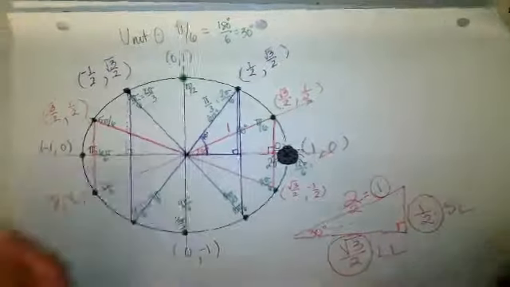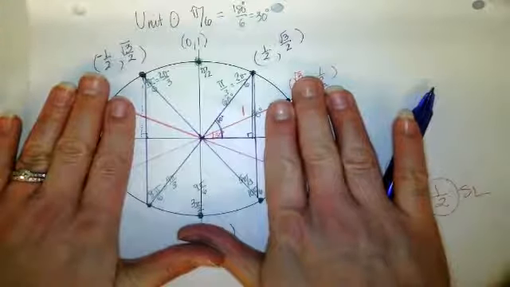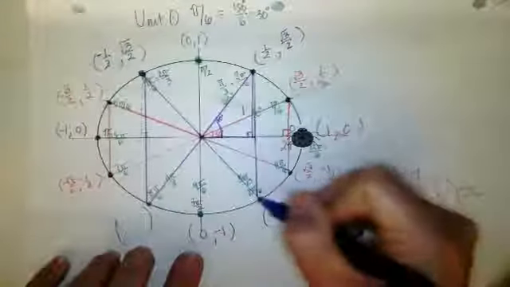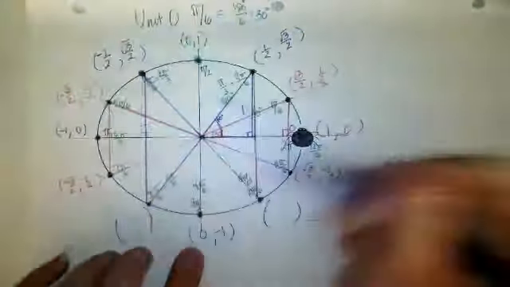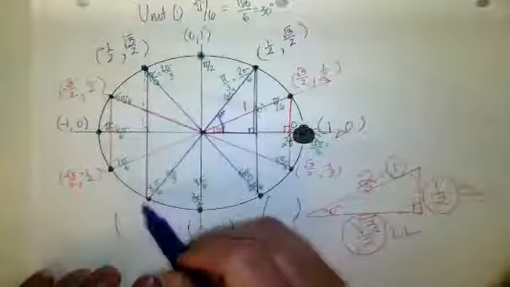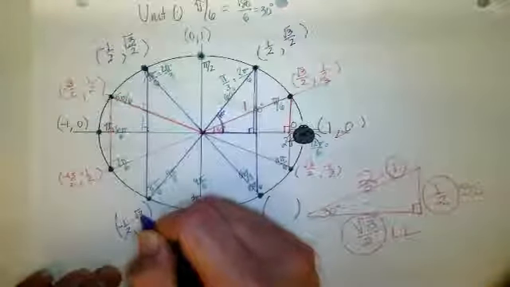Now, do you see the butterfly? So all the butterfly points are always 1/2 and root 3 over 2. They just change sign. So this point is negative 1/2, negative root 3 over 2.